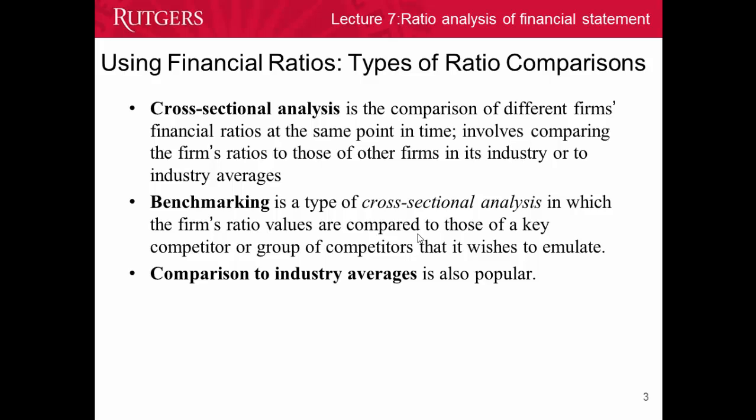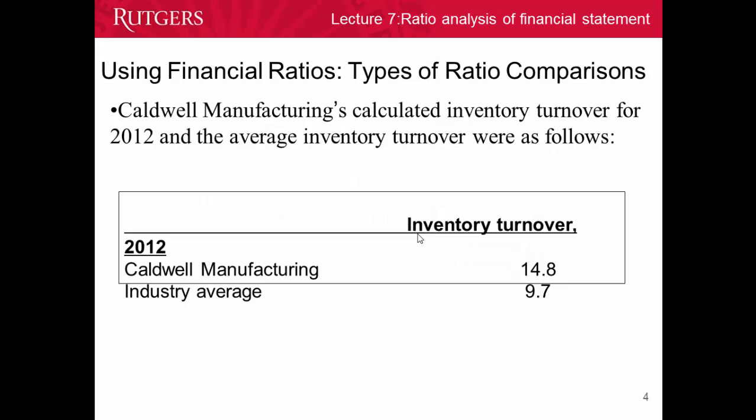Also, comparison to industry average is a popular type of cross-sectional analysis. This typically happens in industries that are more homogeneous. This slide shows an example of comparison with industry average.